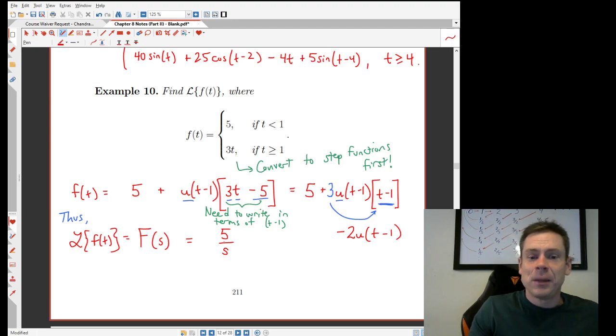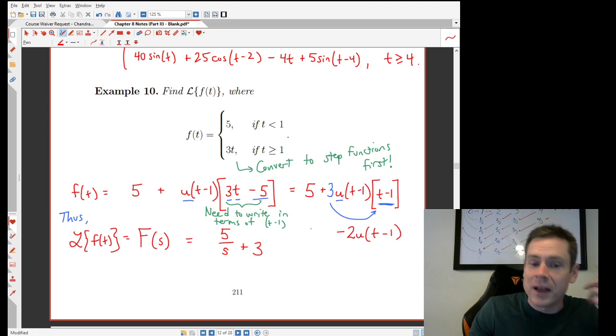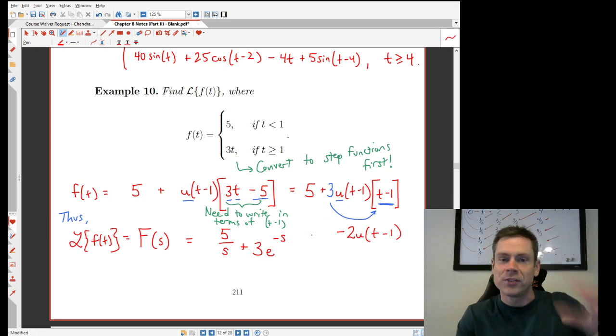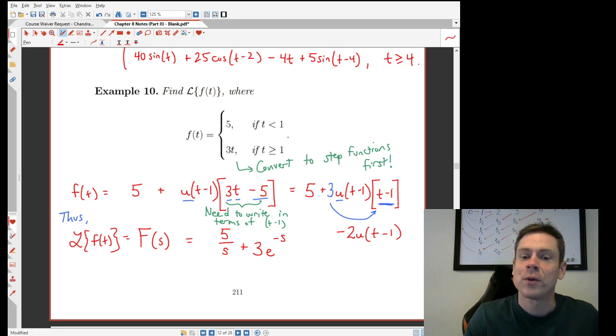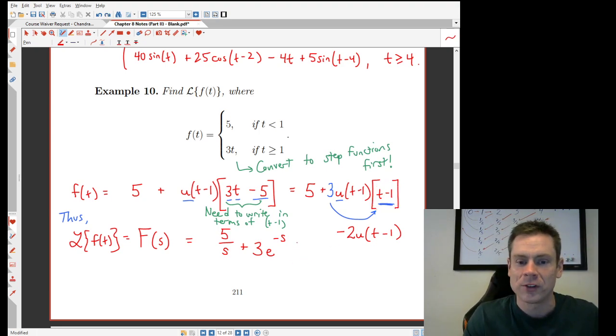Okay, so we're taking the Laplace transform now, and that shouldn't be too hard. Remember that for Heaviside functions, what do we need to do? We need to remember that an exponential goes with them, so we get e to the minus s, and then we multiply by the Laplace transform of this function without the shift. And that is going to be the Laplace transform of t, which is 1 over s squared.